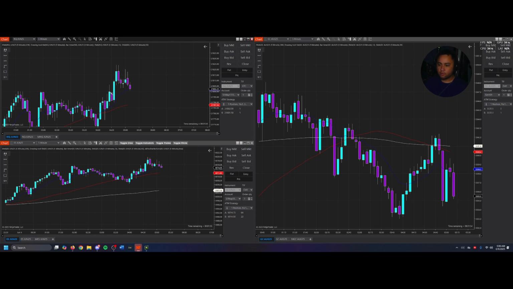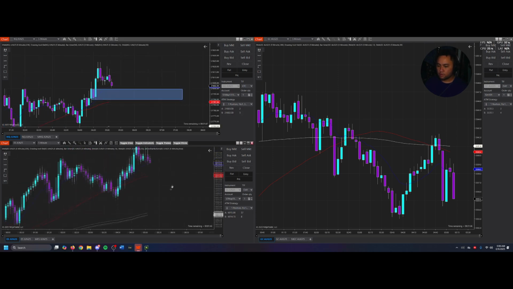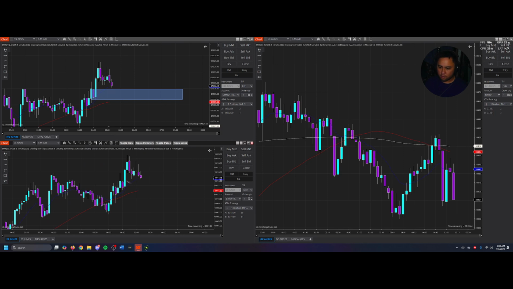And if there's no setup, there's no trade. Hoping that this will lessen the amount of losses I've been taking, and hopefully we'll pass evaluation soon.